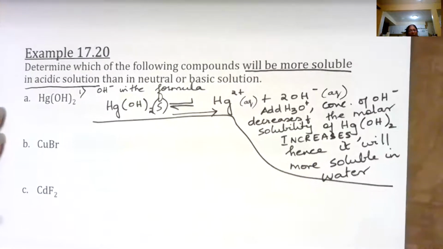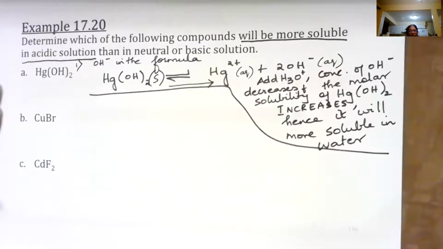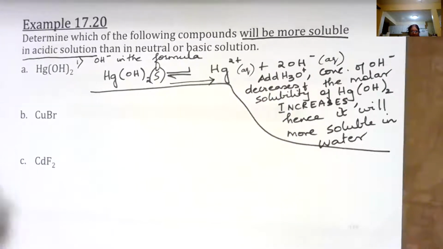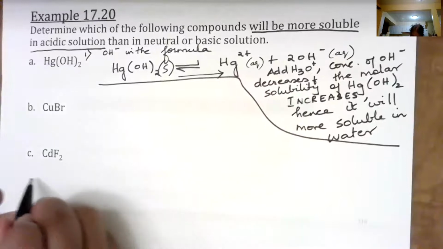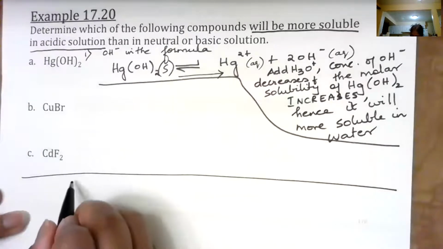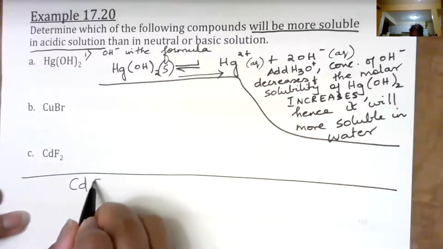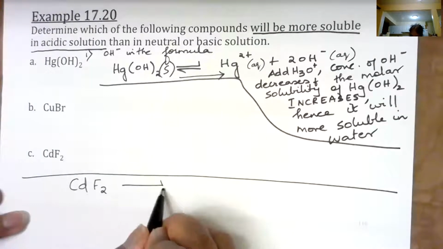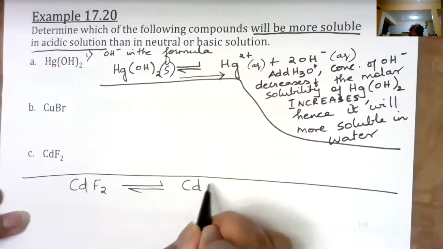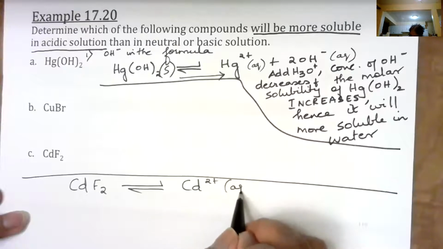Next, I'm going to look at CdF2 first, and then I'll look at CuBr. I'm going to use the bottom part, so I have room for the second one. Cadmium, we don't use it very often.